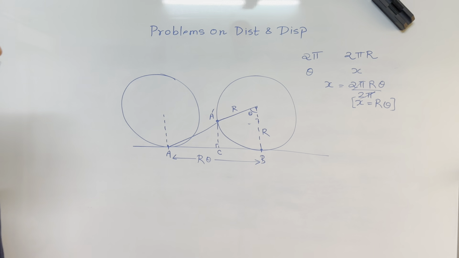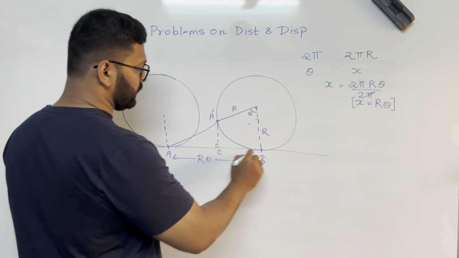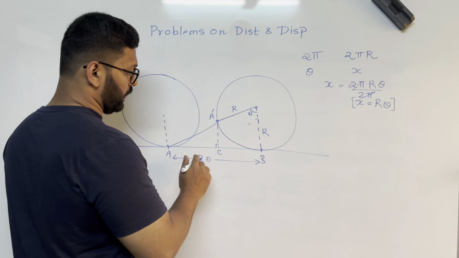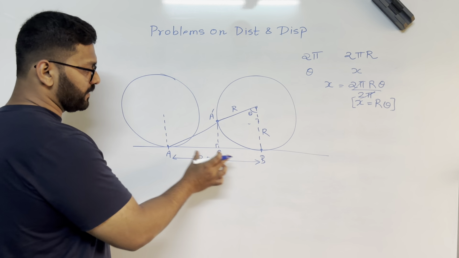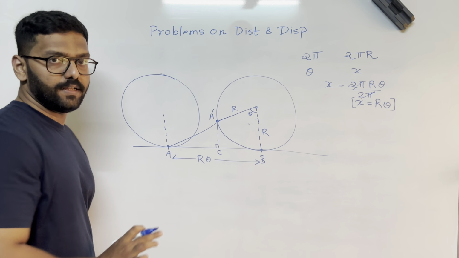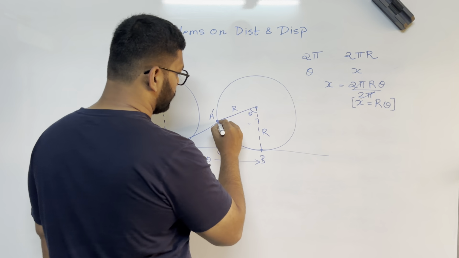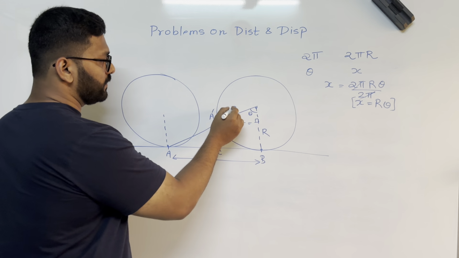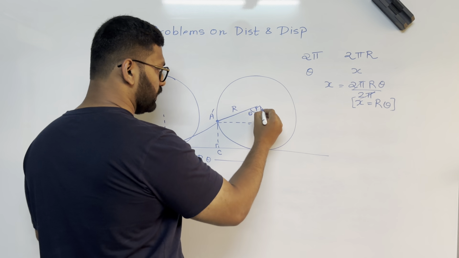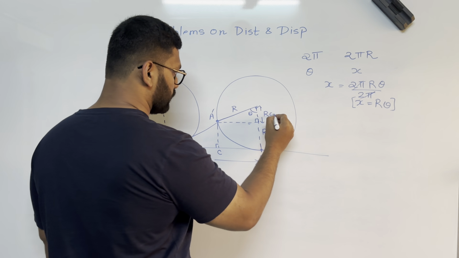Now what is going to be your AC? See, observe that. What is AB? AB is r theta. What is BC? If I find somehow the BC and subtract it from AB, then I will get AC. So let's draw a perpendicular here like this. If this is R, this one is going to be R cos theta.